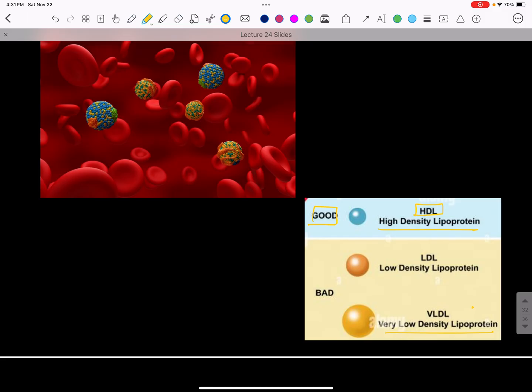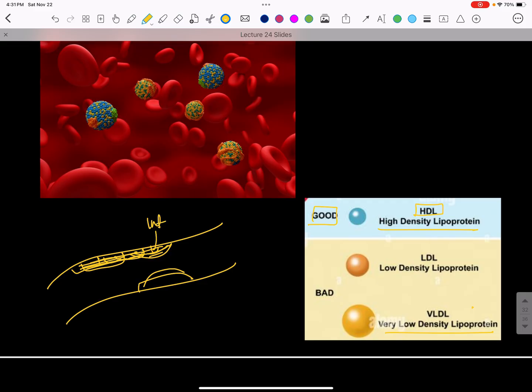These can end up getting deposited on the walls of the capillaries. And if there is a significant amount of these depositions, then that can cause inflammation. So you can have deposition of these lipid fragments, and we can also have the inflammation plaques that are formed.